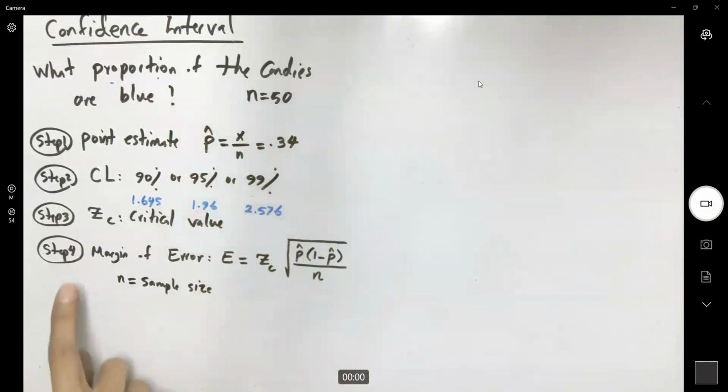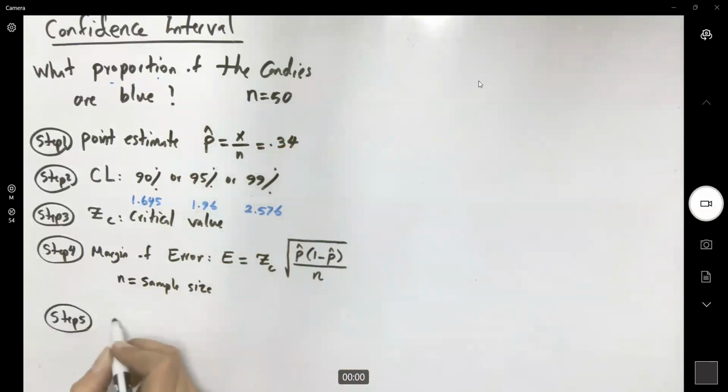Very well. After finding the margin of error, we're going to find the confidence interval. The confidence interval is an open interval.